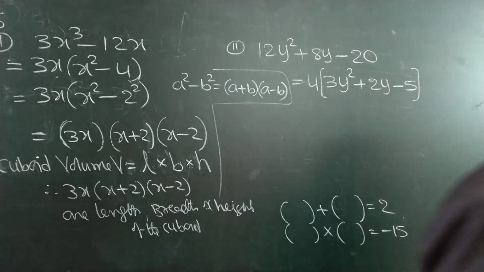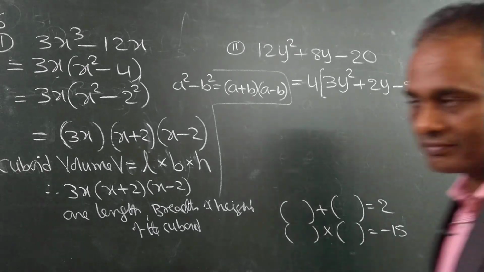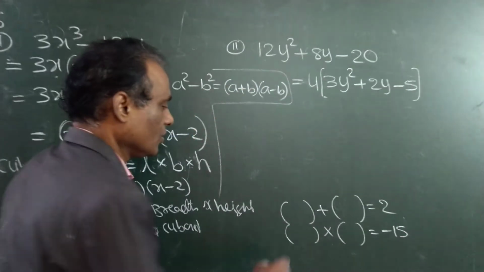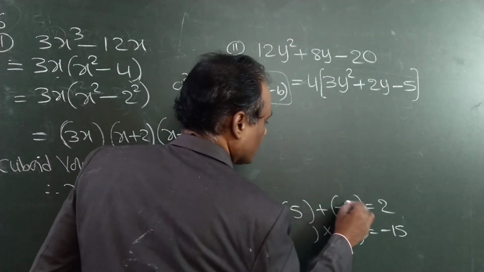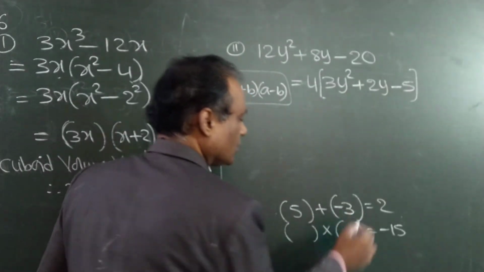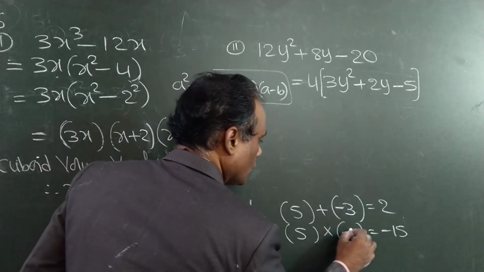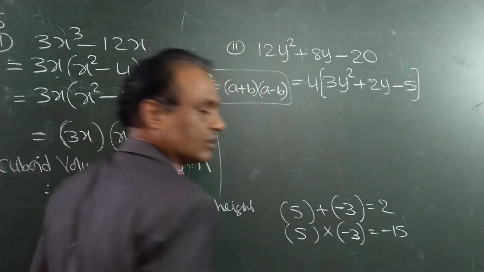Students, tell the numbers. See here, 5 minus 3 is 2, and 5 into minus 3 is minus 15.